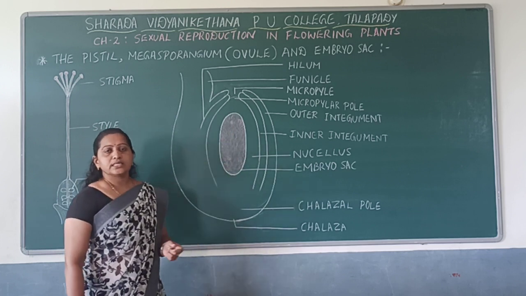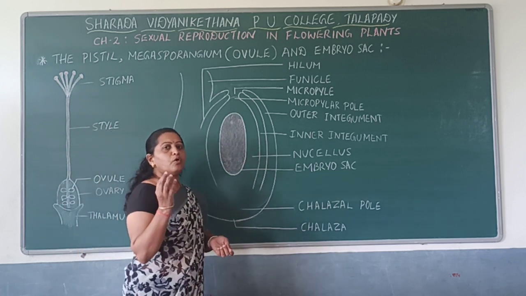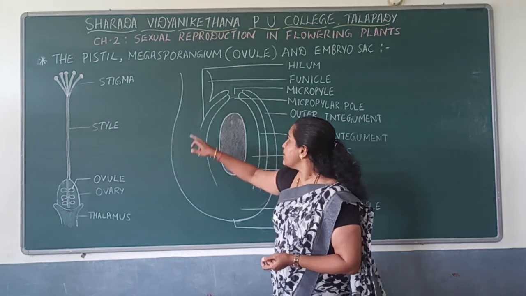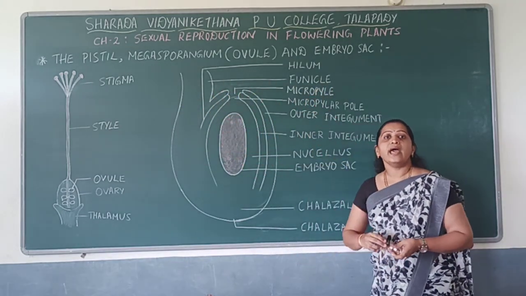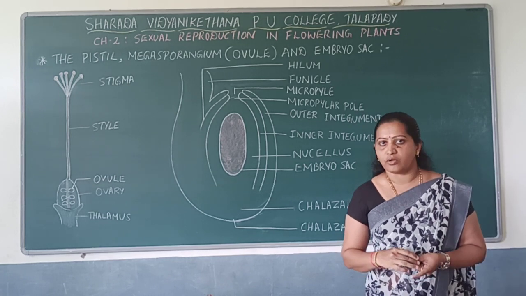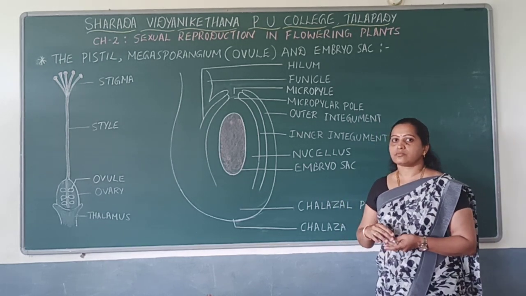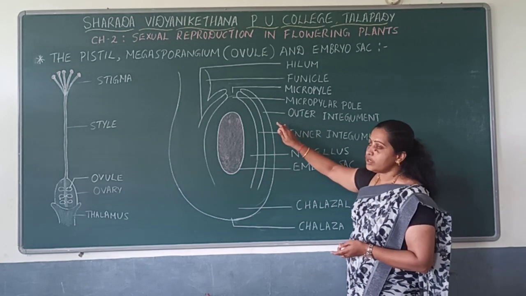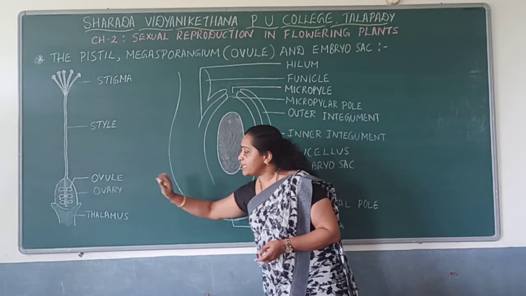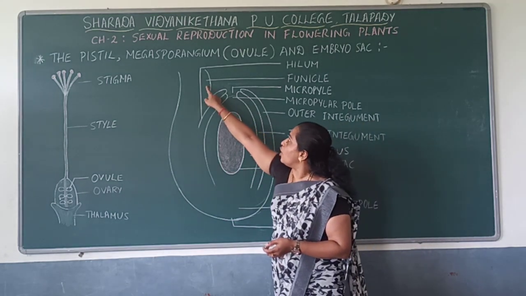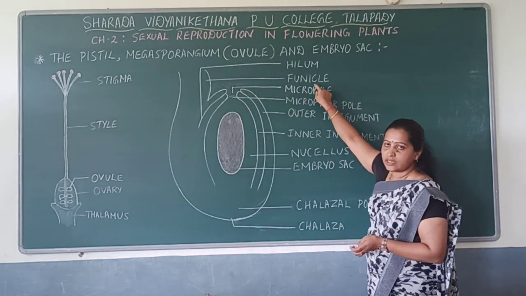Such an ovule, which is inverted with respect to its stalk, that is funicle, is known as anatropous ovule. The ovule is attached to the placenta with the help of the stalk known as funicle.